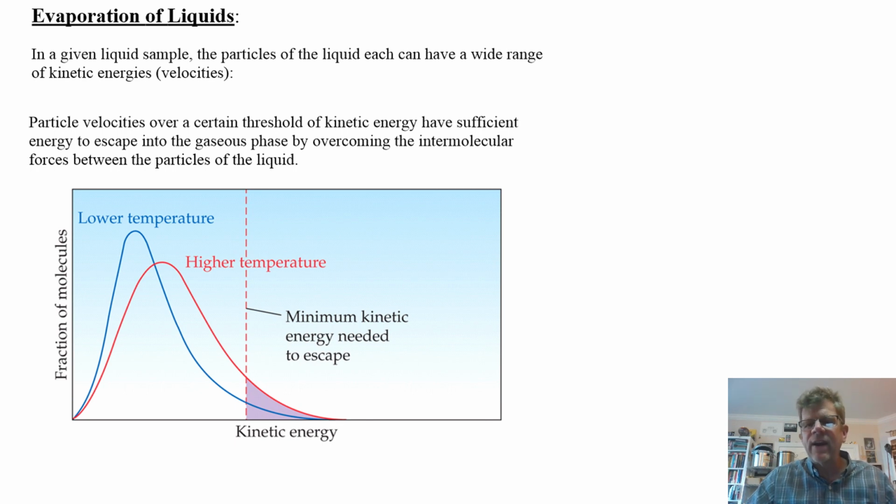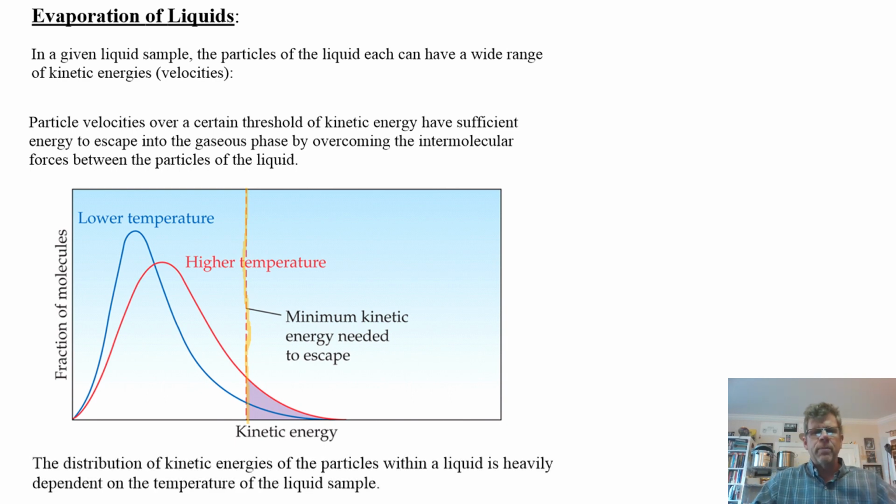Once the kinetic energy of a particle, if it's moving fast enough, transcends a particular threshold of speed, it achieves escape velocity, meaning its kinetic energy is greater than the energy being expended to hold those two particles together, and it can erupt into the gas phase. And when that happens, evaporation is happening.